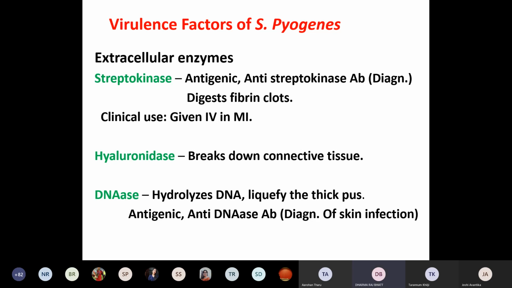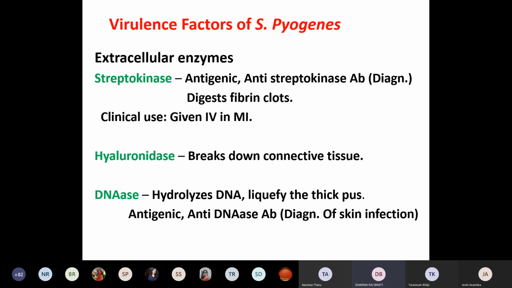That's why in group A streptococcal skin infection, we find thin discharge rather than thick pus because of the liquefaction of the thick pus by the enzyme DNase.